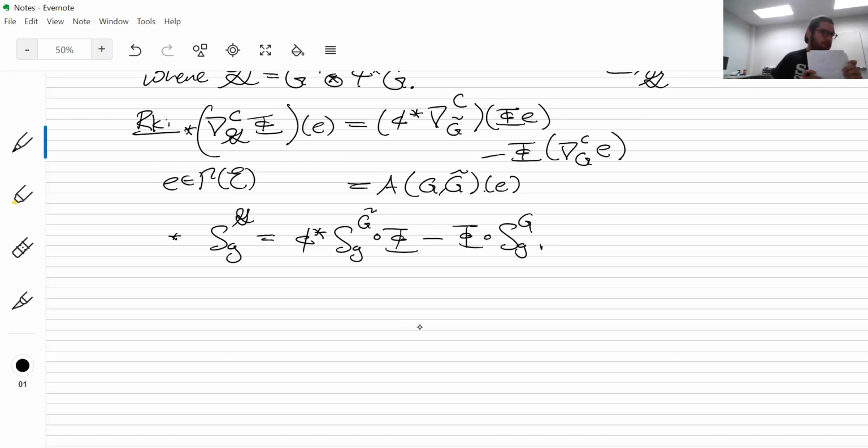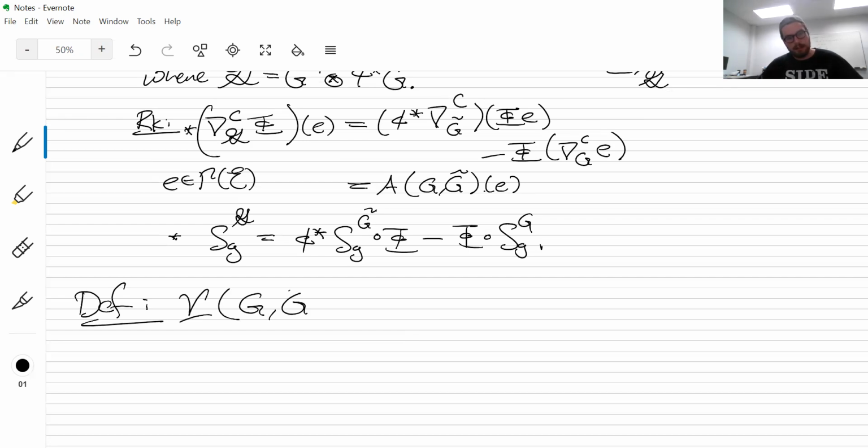But we actually want to specify it down a little bit. So I'm going to make a quick definition. We have this quantity upsilon, G tilde. I believe upsilon is pretty standard notation for this.